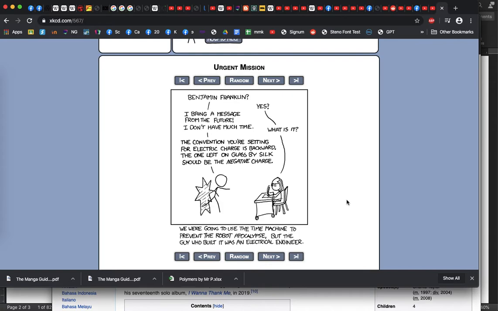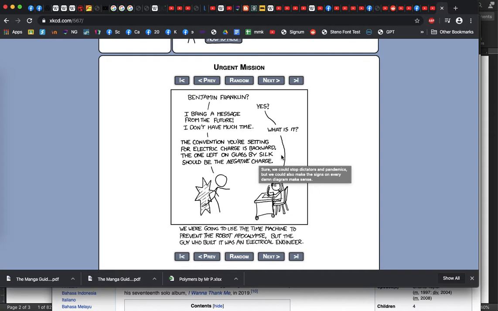Anyway, in this comic, a time traveler has gone back in time on an urgent mission to tell Benjamin Franklin, the guy on the American $100 bill, who flew a kite in a thunderstorm and was one of the first people to talk about electricity, that it should be the other way around. The charge left on the glass by the silk should be the negative charge.